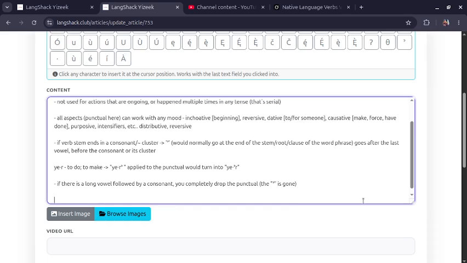So in this example, we can do harat, and you might generally say rot.